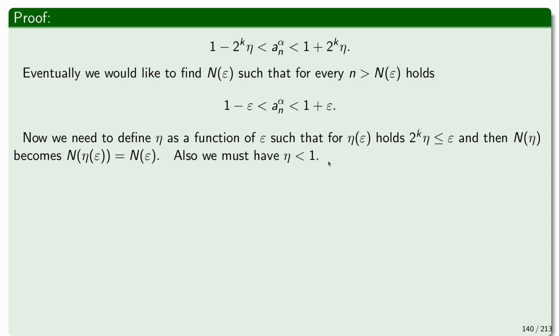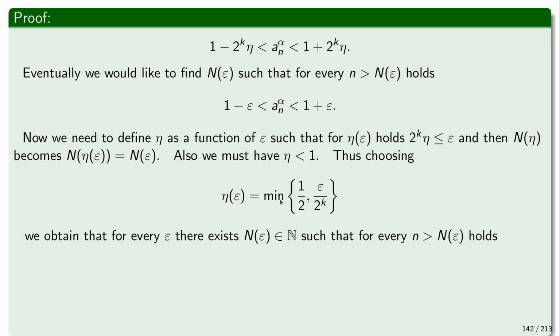In particular, we use this in this complementary part of the Bernoulli inequality that we used to the full extent. So now we can choose eta of epsilon to be the smaller between the two. 1/2 is just because it's smaller than 1. So we'll choose eta to be the minimum between 1/2 and epsilon divided by 2 to the power of k. And for this choice of eta, it is guaranteed that eta is between 0 and 1.